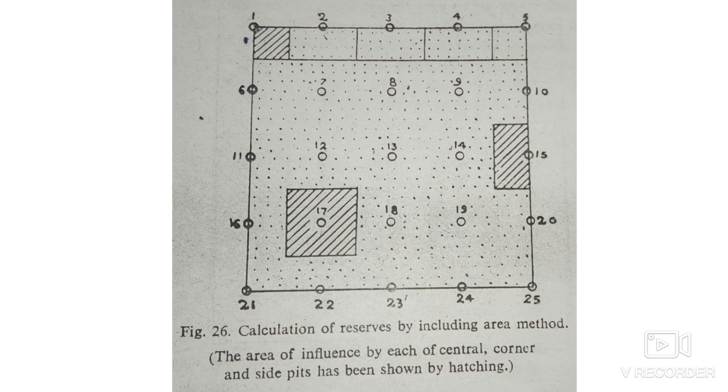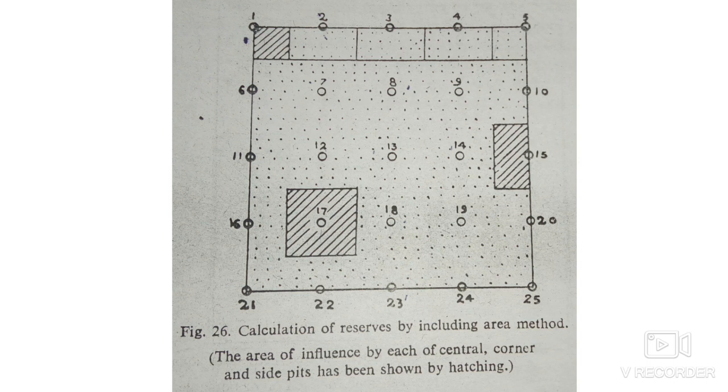So assuming that the total reserve can be estimated only inside the big square, as you can see in the diagram, enclosed by the sample points, the area of influence of each of the sample points is shown in the diagram. What you have to keep in mind is that all the pits are mineralized.